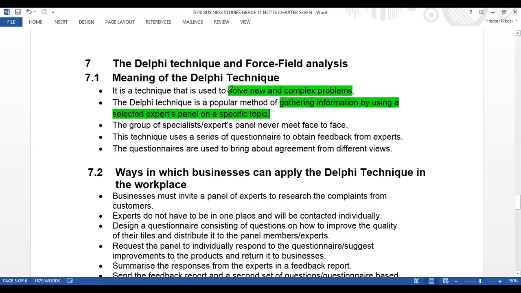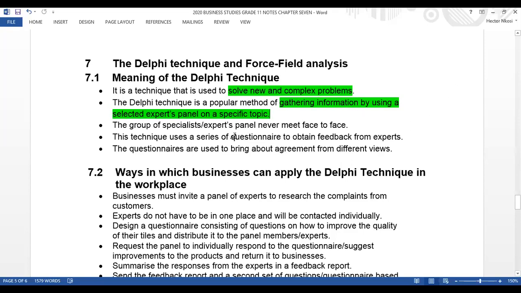A group of specialists or experts panel never meet face-to-face, basically, under the Delphi technique. The technique uses a series of questionnaires to obtain feedback from experts. So they use what?